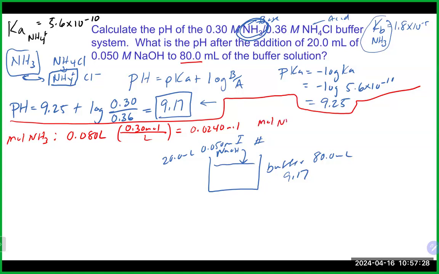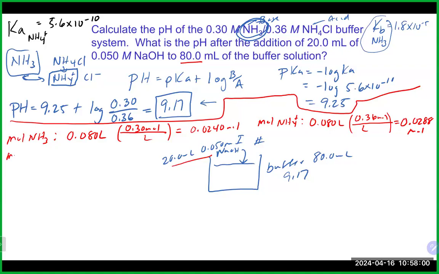We're going to do the same thing for our other part of the buffer, which is the moles of the NH4 plus, and that would be 0.08 liters, because again, they're both in the same beaker. They both have the same volume because they're both part of the same buffer. We would do the concentration of our NH4 plus, which is 0.36. So 0.36 times 0.08 is going to give us 0.0288 moles. And lastly, we also need the moles of the sodium hydroxide that we're adding in this case.